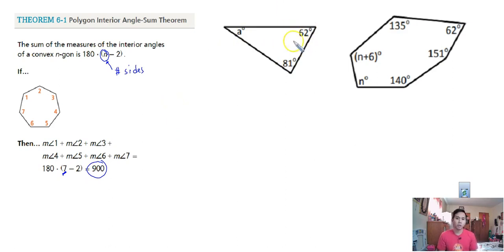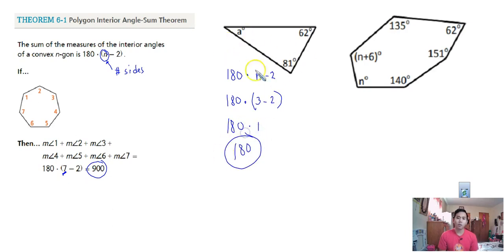Applying the theorem, we have 180 times n minus 2, so 3 minus 2, which is 180 times 1, which is 180.